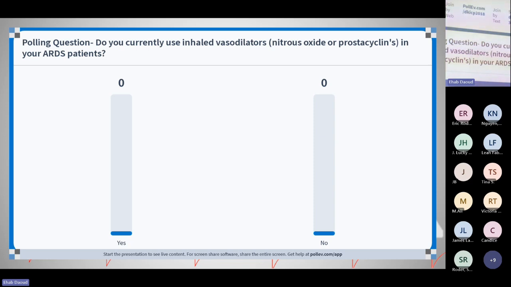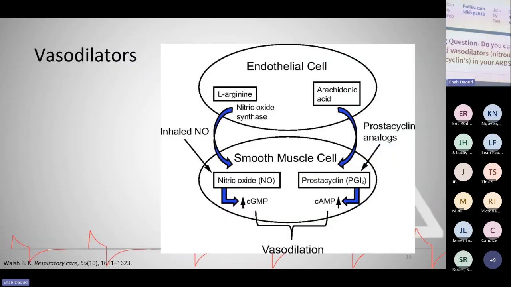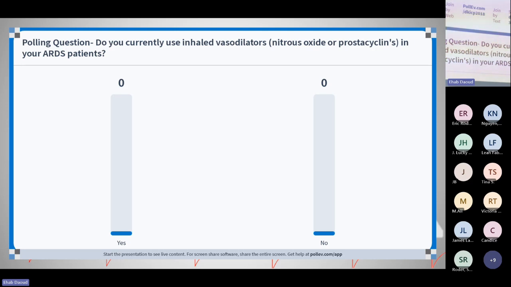If not, we can do old school raise of hands. Oh, I see it here. Maybe refresh. I tried to do a dry run earlier. It just needs to refresh. Maybe you need to log back out and log in. I have no clue. But anyways, we can do a raise of hands.